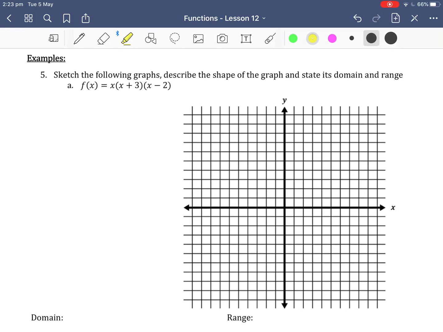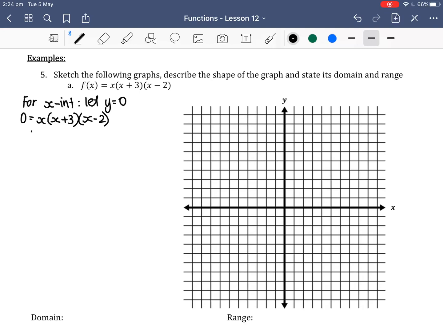For example 5, we want to sketch the following graphs, describe the shape of the graph, and state its domain and range. So for this, we need to find our x-intercepts. For our x-intercepts, we want to let y equal 0. So 0 = x(x + 3)(x - 2).